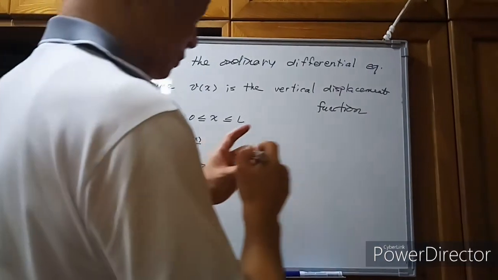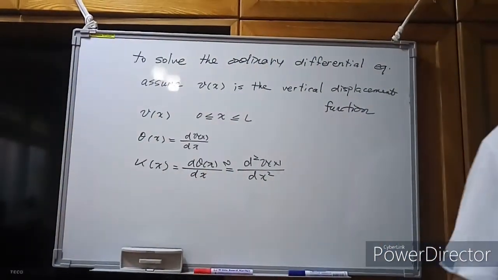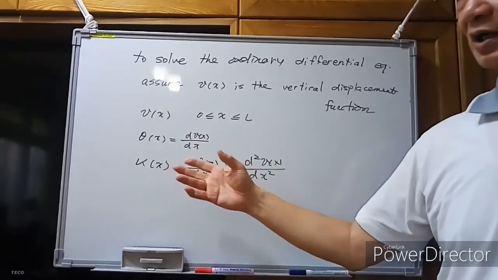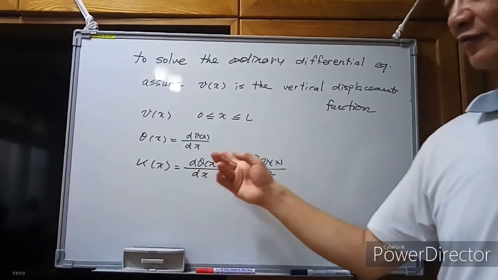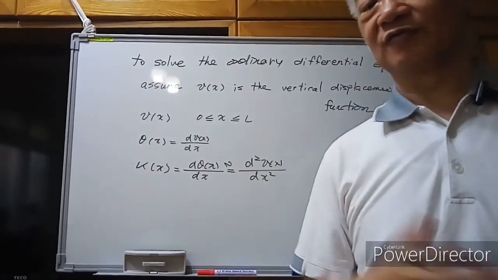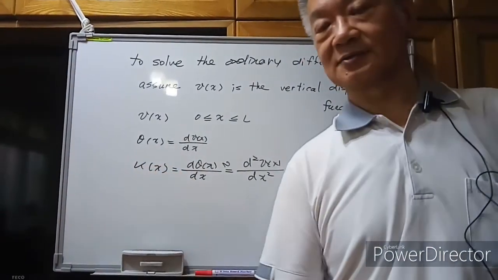I believe all of you learned this from mechanics of materials. If we take the derivative of theta, then we can get the curvature at different locations, called kappa of x.